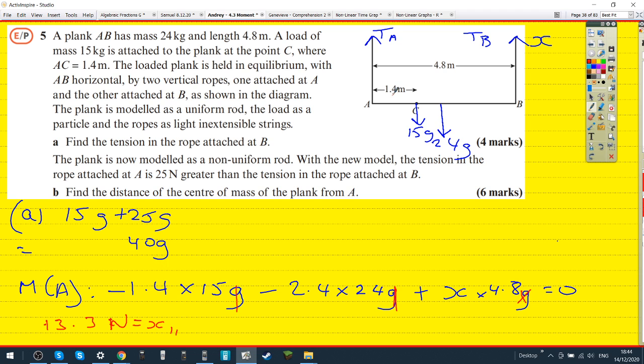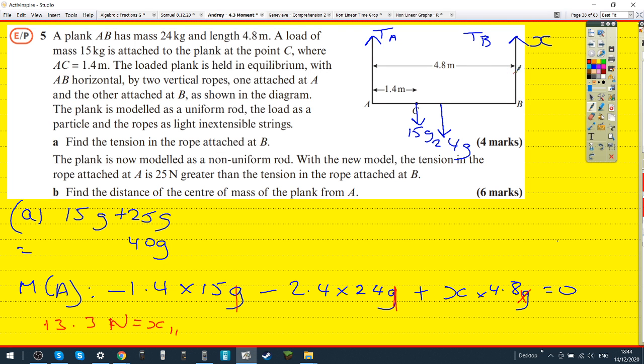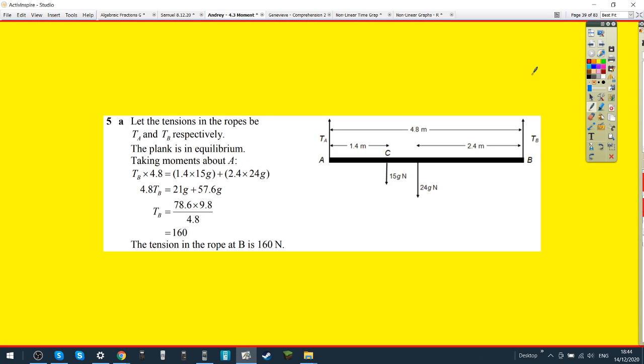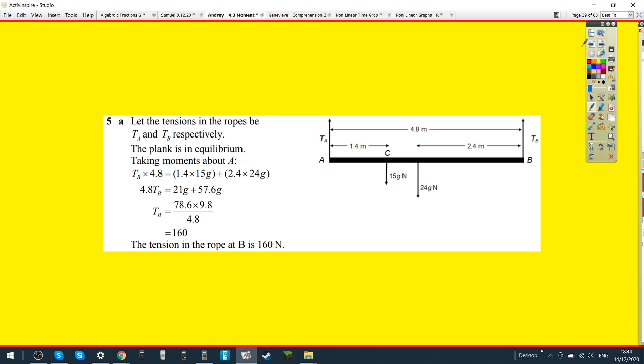Oh, we can't cancel the G's. What answer did you get, sorry? 13.25. Multiply it by 9.8. 129.85. Something's wrong.